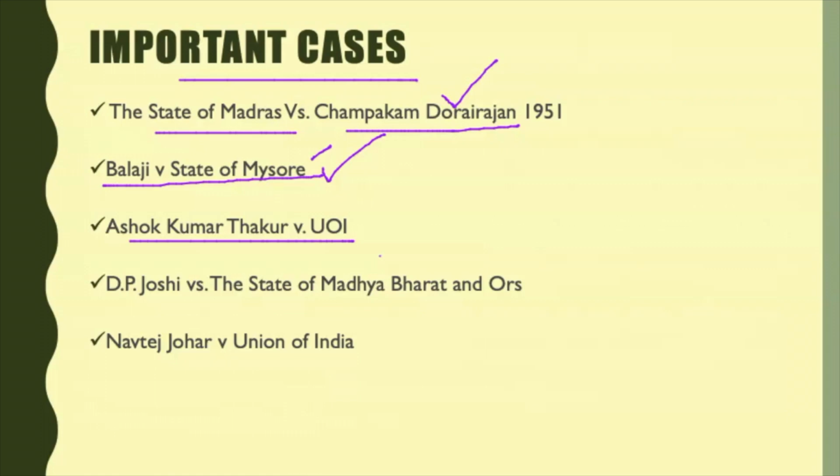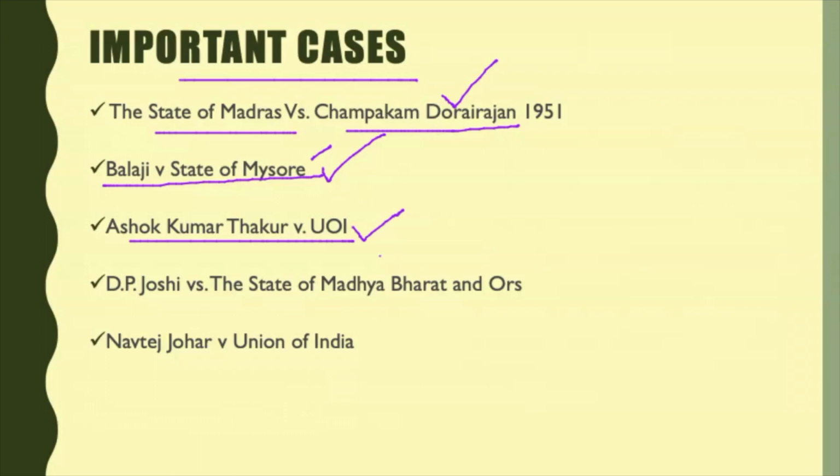Certain questions raised by the Supreme Court in this case were: whether the 93rd Amendment Act is against the basic structure, whether Article 15 Clause 4 and Article 15 Clause 5 are mutually contradictory, and whether exclusion of minority from Article 15(5) is a violation of Article 14. So this particular case deals with Article 15 Clause 5.